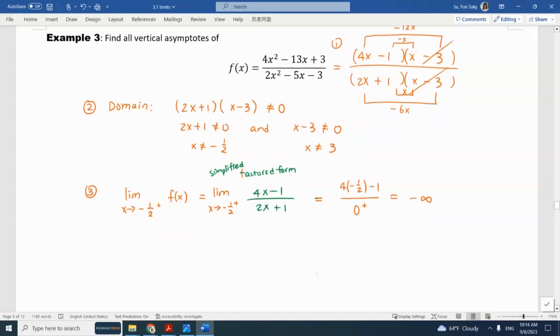All right, so that's 1 point. The other point, okay, goes to 3 from the right. Also plug in the simplified factor form. So far, so good, everybody?